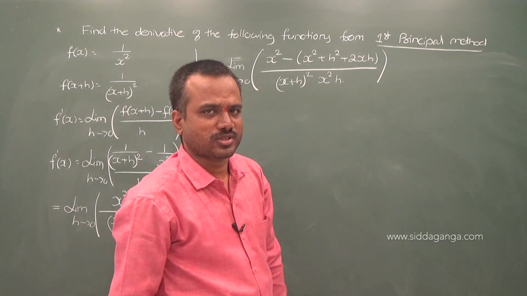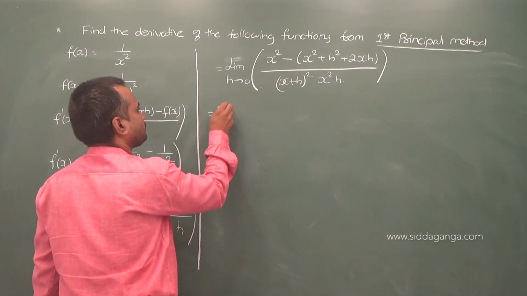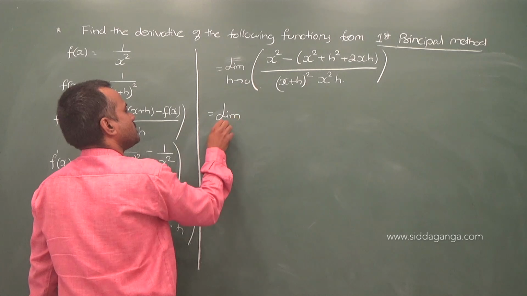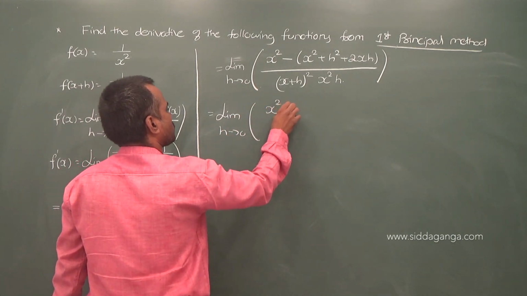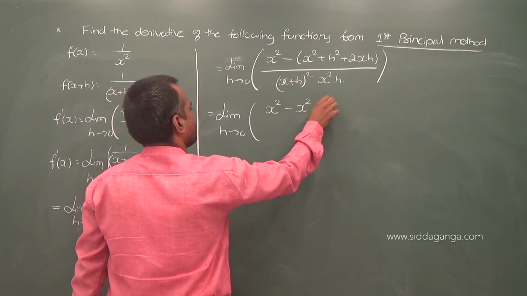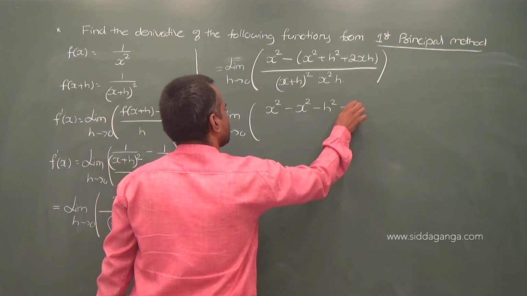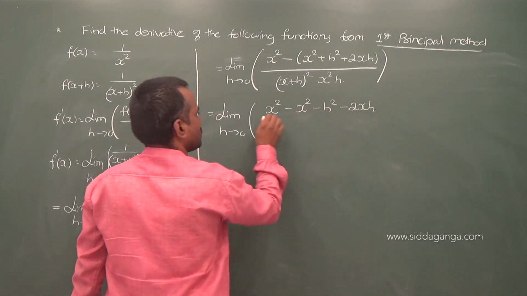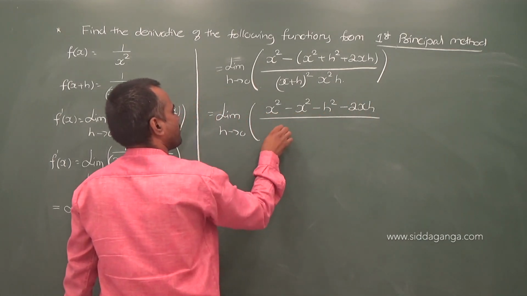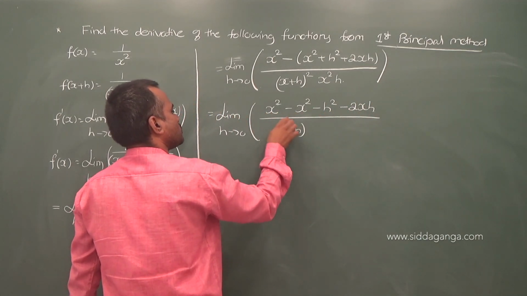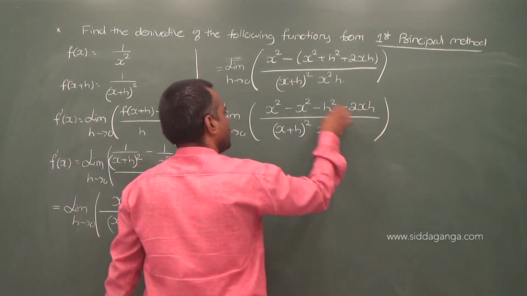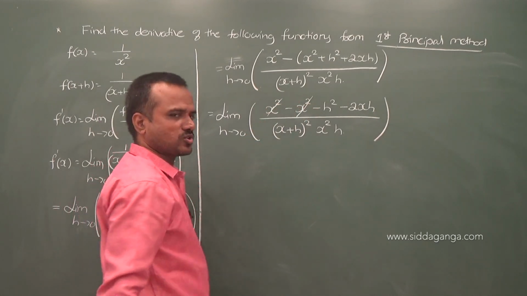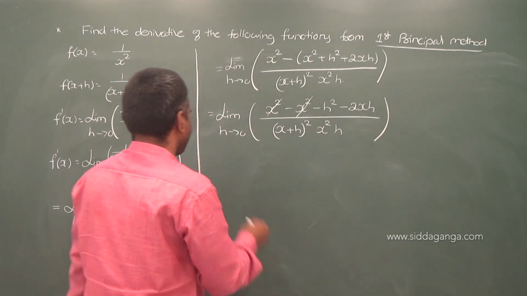Multiply by the negative sign: limit h tends to 0, x square minus h square minus 2xh, whole divided by x plus h whole square into x square into h, plus x square minus x square, what? Gets cancelled.